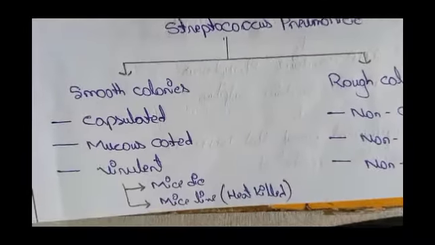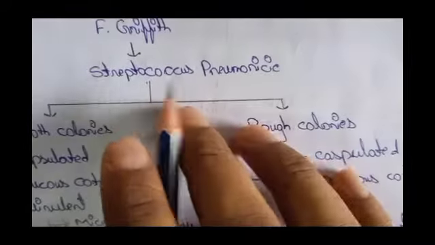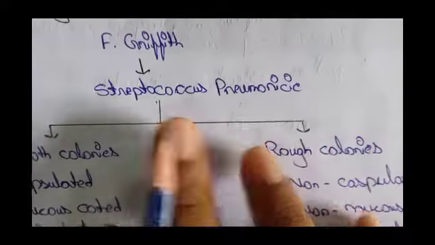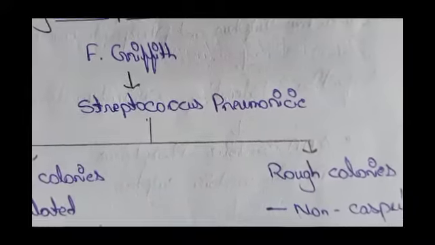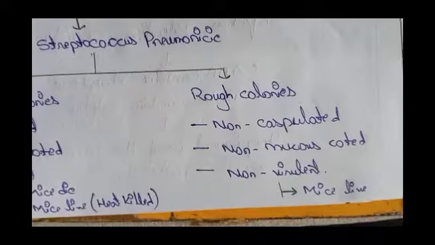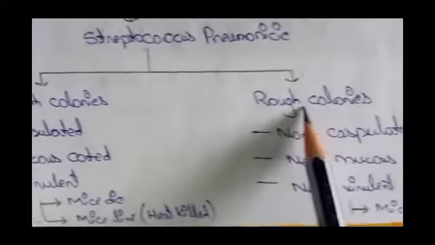At first we studied that Frederick Griffith studied the transforming principle of DNA. He studied the bacteria Streptococcus pneumoniae. Streptococcus pneumoniae has two colonies: one is the smooth colony, the other is the rough colony.